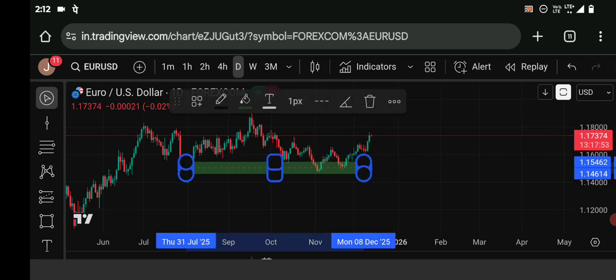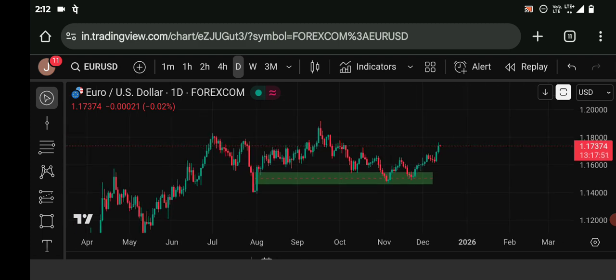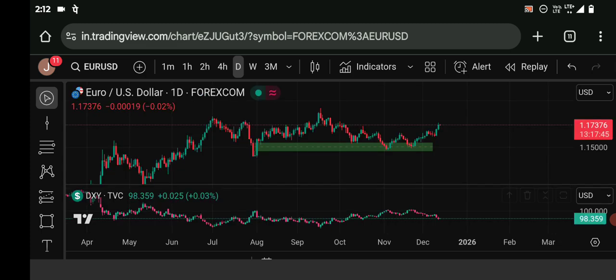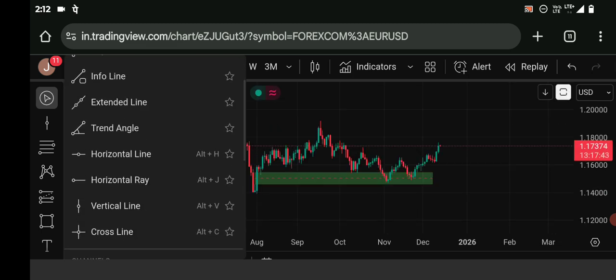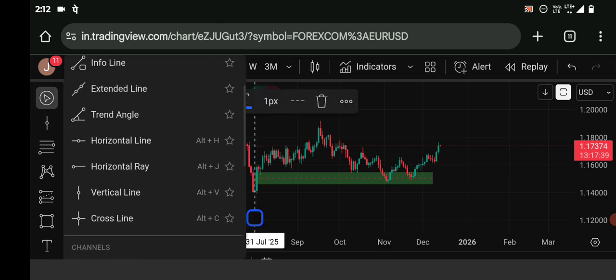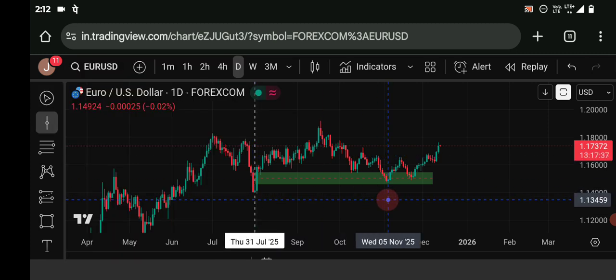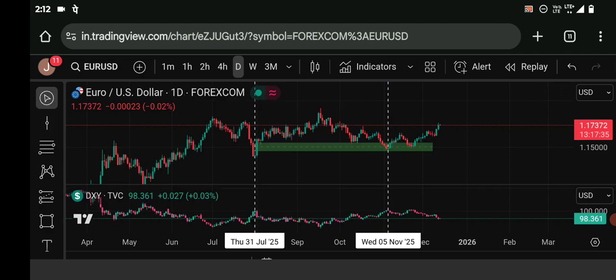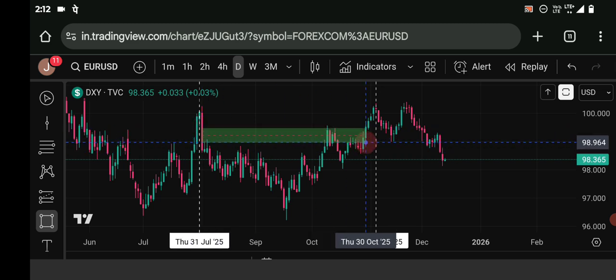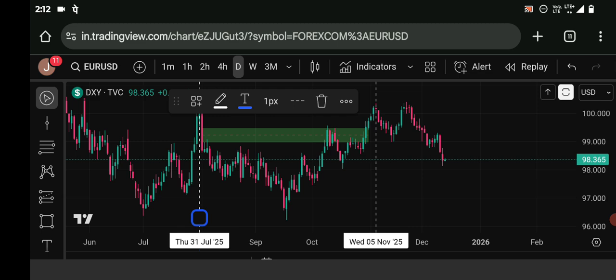Whereas the same, if I put vertical lines here, you can see that the same bearish fair value gap on the daily time frame is being disrespected.